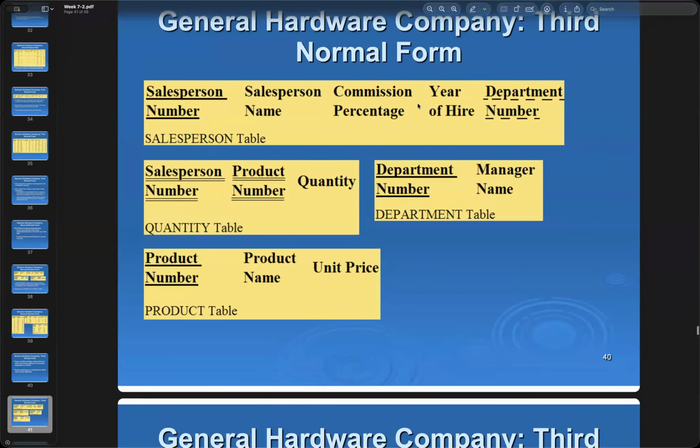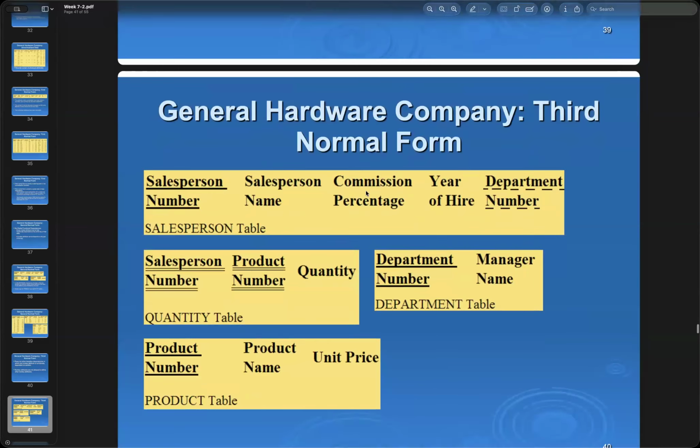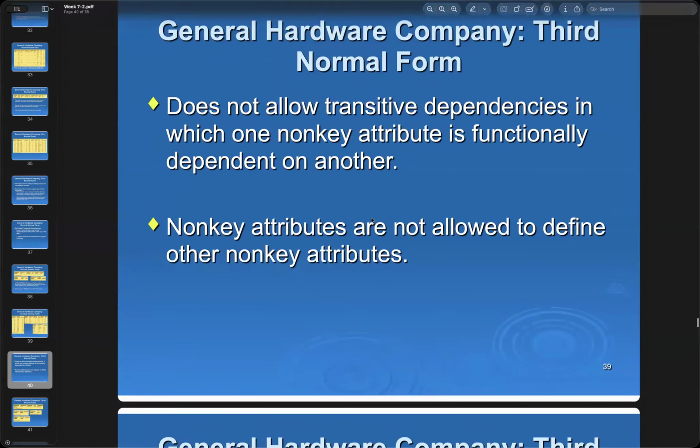Just telling right here, let's say the salesperson name. Can we use it to define others, like quantities, or the manager or department or product? It's impossible. So we just make sure they are not allowed to define another one.